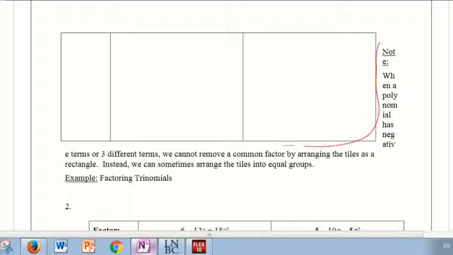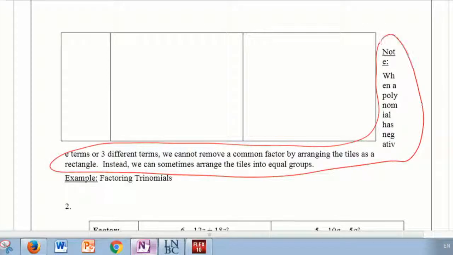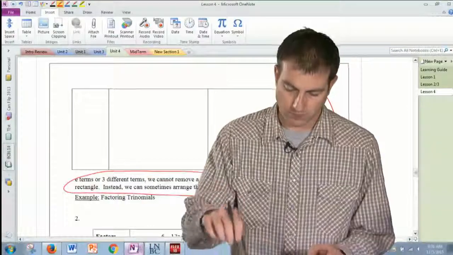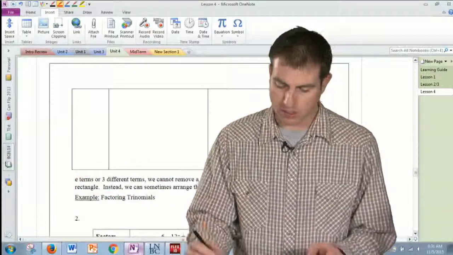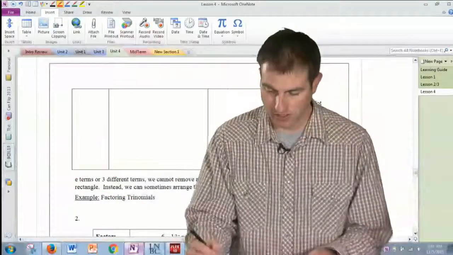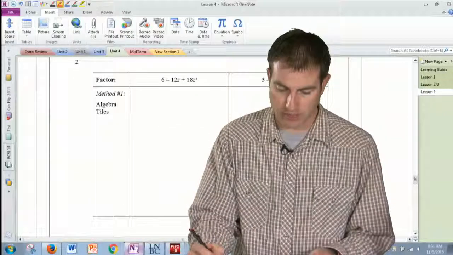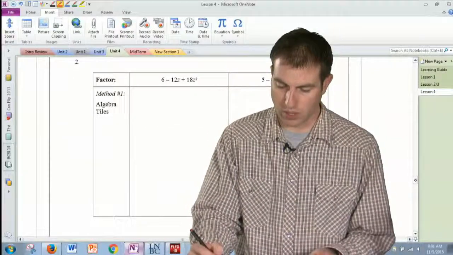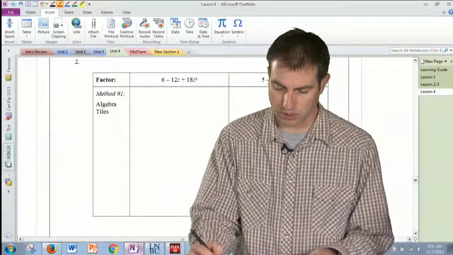And this note is why I dislike using algebra tiles for this particular section. Because it doesn't work. And that's kind of why it's silly, I think. But anyways, they say you should know how to do it, so good luck.